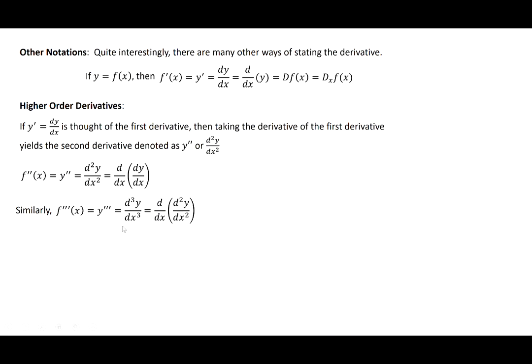You can keep on doing that. Okay. In general, f to the n of x, when you write, you have to enclose that n in parentheses like that to indicate we are taking the nth derivative. That is the same as d to the n y dx to the n. You differentiate y n number of times. You differentiate f of x n number of times. That's the idea.